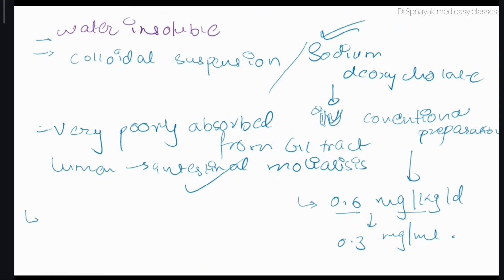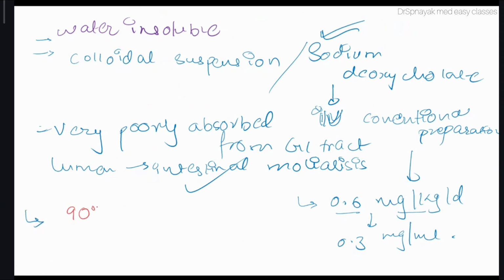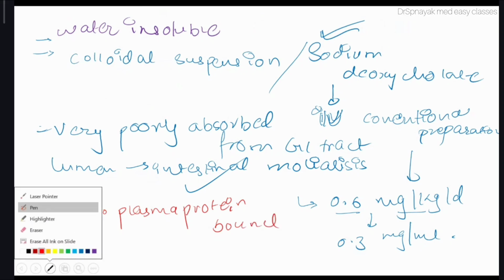Okay, now moving towards the pharmacokinetics. Amphotericin B is 90% plasma protein bound, and it is metabolized in the body, and it is excreted in the urine and in the bile.